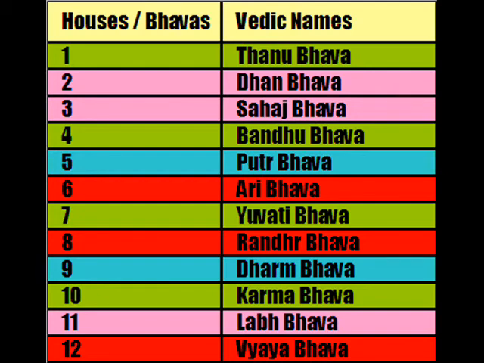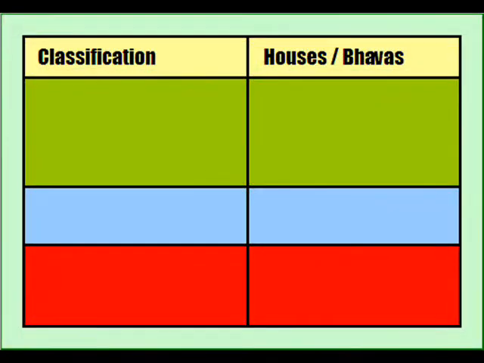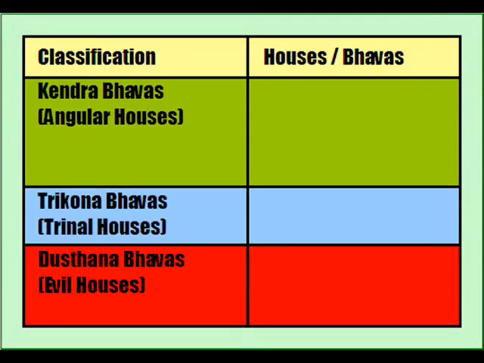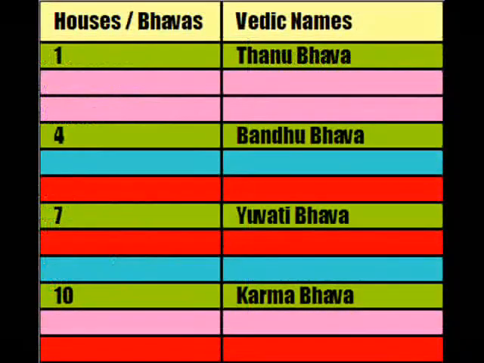Now I want to mention the classification of the houses. The first set of classification will include the angular, trinal and evil houses. The angular houses, called the Kendra Bhavas, are 1, 4, 7 and 10.